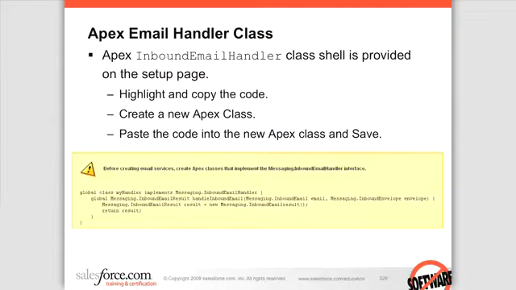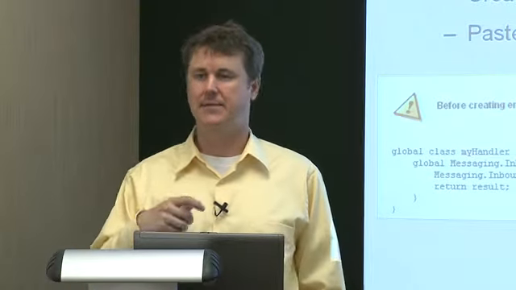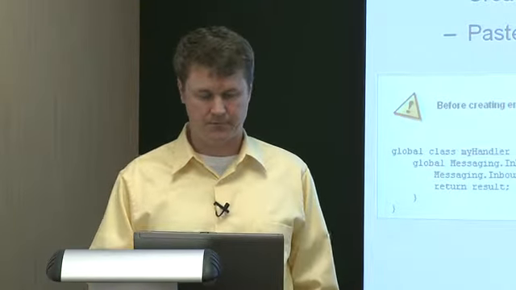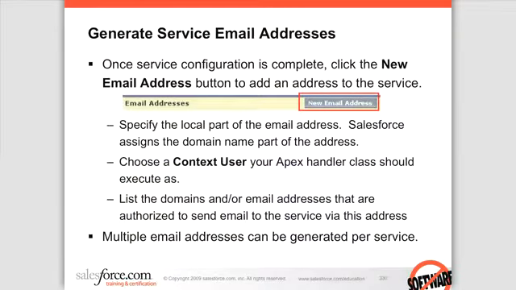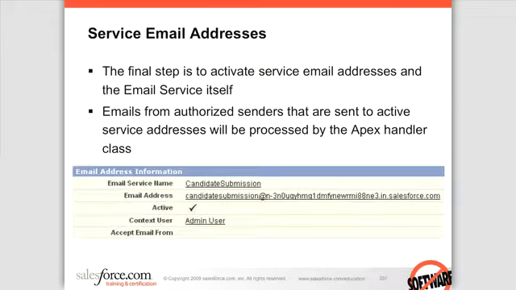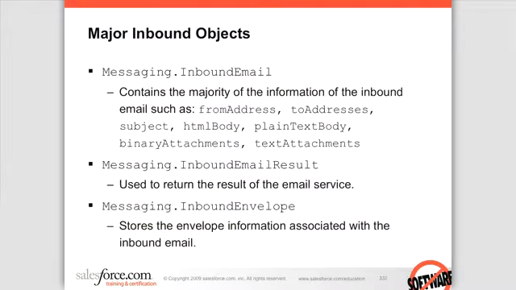Like I said, I'll come back to talking about what to do upon a failure and the different options that are available, and I'll walk you through generating the email service.